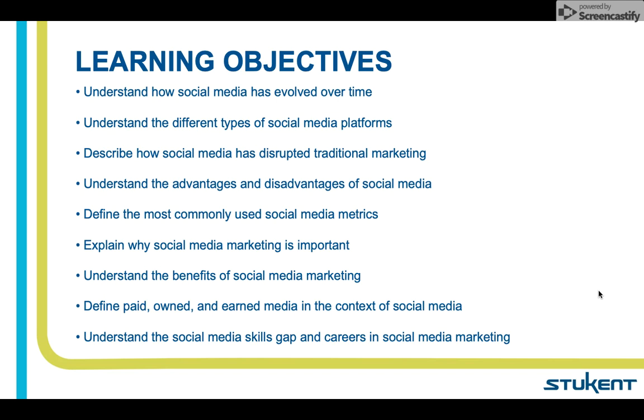The learning objectives for this whole chapter are to understand how social media has evolved over time, understand the different types of social media platforms, describe how social media has disrupted traditional marketing, understand the advantages and disadvantages of social media, define the most commonly used social media metrics, explain why social media marketing is important, understand the benefits of social media marketing, define paid, owned, and earned media in the context of social media, and understand the social media skills gap and careers in social media marketing. So, all about social media.